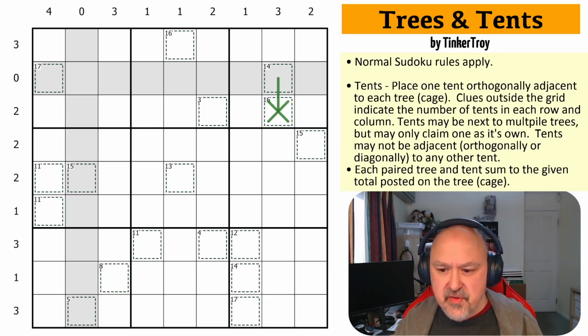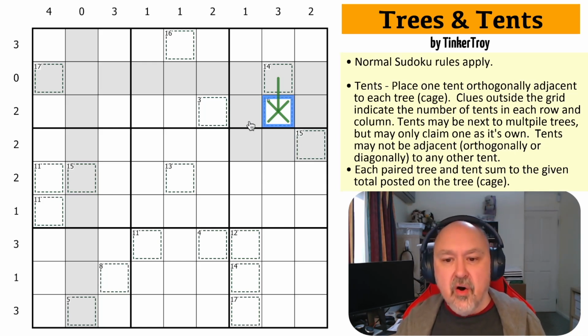Because as soon as I put that there, then all of these cells could not be tent, and I can't put a tent next to 16. So you can never put a tent for a tree on another tree.